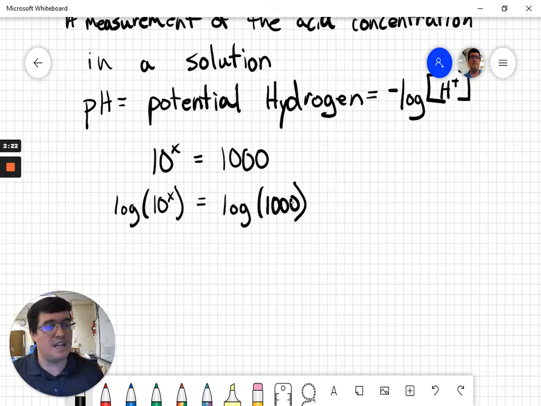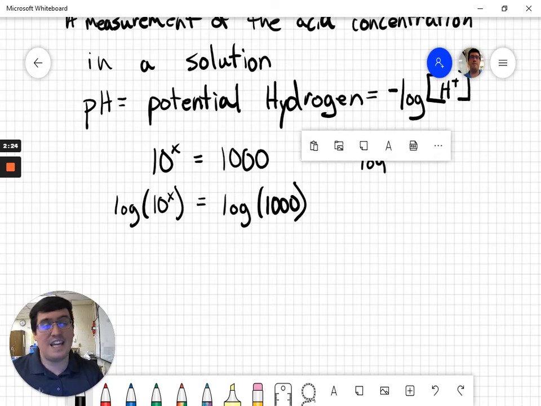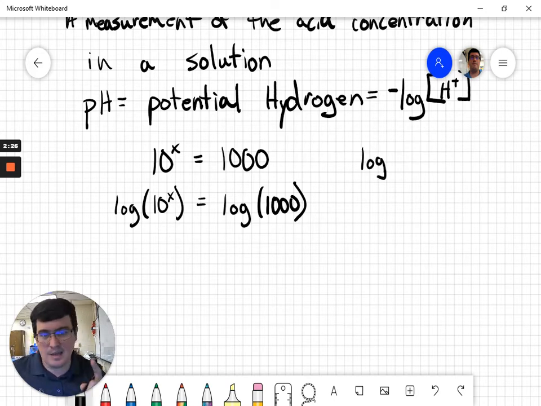But anytime you have a log in chemistry, in Algebra 2 this may not be the case, but in chemistry, it's always log with a base of 10. So the log base 10 of 10 to the x is just x, because the log takes away that root number and moves the exponent down.